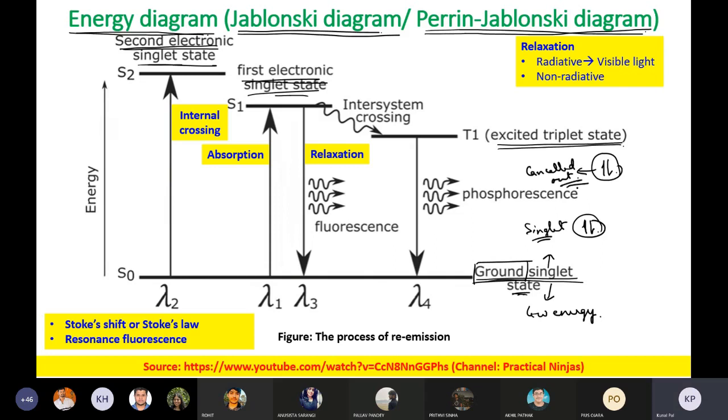So the energy is cancelled out, and hence we can say that we have a low energy state. When we talk about the triplet state, the spin orientations are in the same direction, so there will be a net magnetization vector.